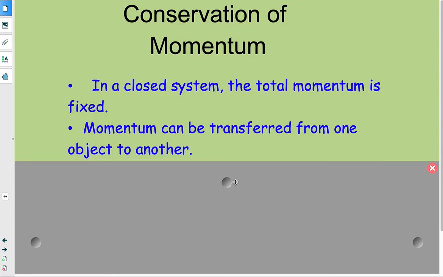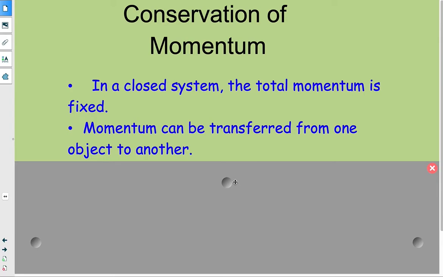Now the other thing is that momentum can be transferred from one object to another. So in our experiment, we started with zero and we ended with zero. But we could have, say, an object hit another object and transfer its momentum into the other object. If you've ever played pool, that's what happens, right?